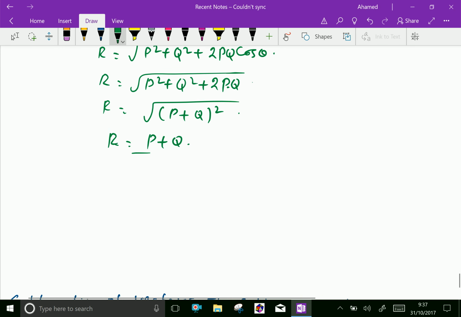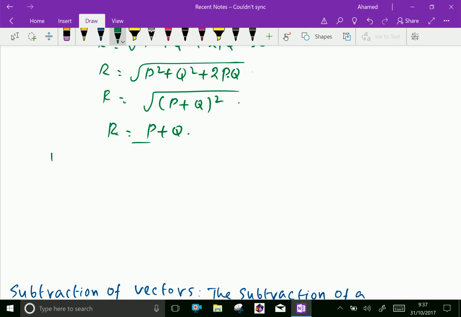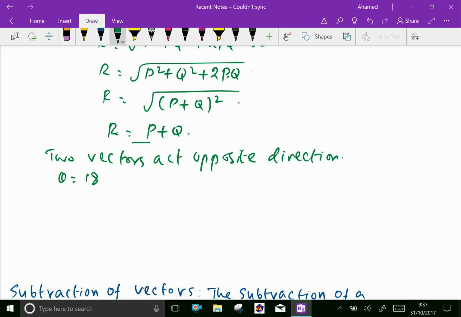In the second case, two vectors act in opposite directions, in which theta is 180 degrees. Therefore cos 180 degrees is minus 1 and sin 180 degrees is 0.